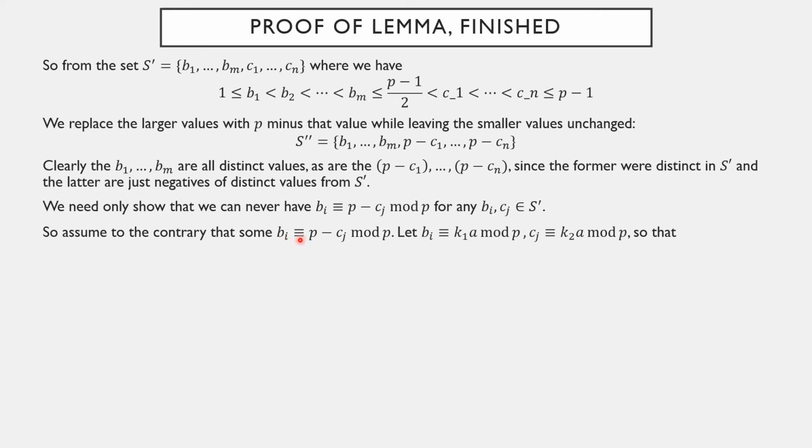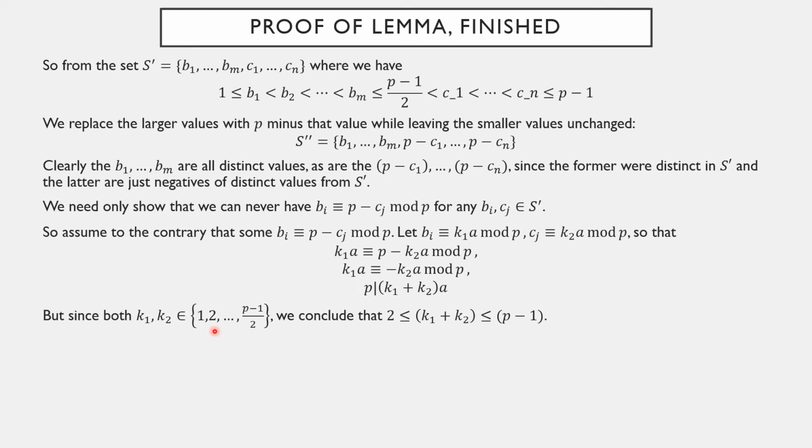And bi is equivalent to p minus cj. So bi, which is just a remainder, is equivalent to p minus a remainder. Well, the p is just equivalent to 0, so let's ignore it. Now what we get is that p must be a factor of k1a minus negative k2a, and I can factor an a out of that.